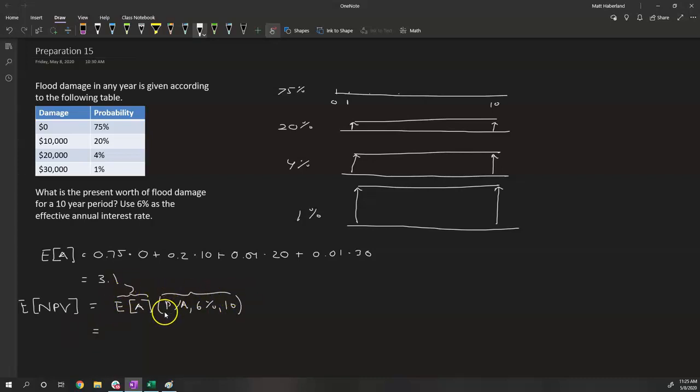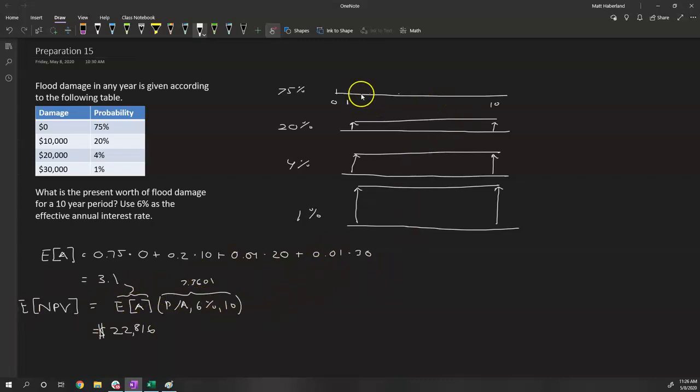This discount factor is 7.3601. And the product of those two things is $22,816. So that's the expected net present value of the flood damage. And I guess we should probably say that this should all probably be negative because damage is probably going to be a cost. But that's the same idea. To within a sign, that's what we want.